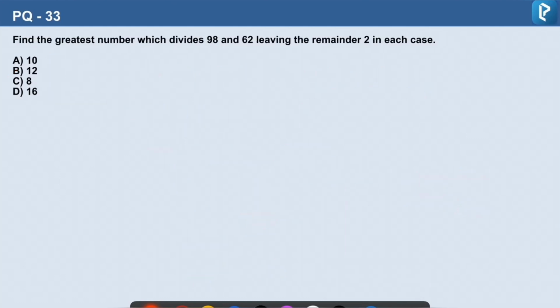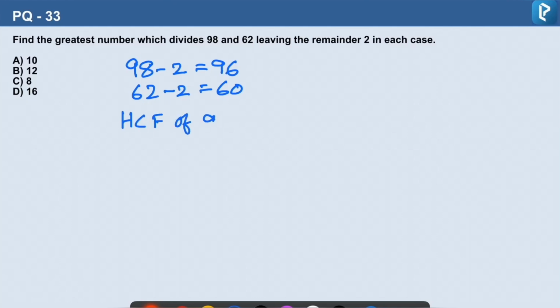Question number 33. Find the greatest number which divides 98 and 62, leaving the remainder 2 in each case. Same case: we have to subtract the remainder first. 98 minus 2 is 96, 62 minus 2 is 60. After subtracting the remainder, we have to find the HCF of 96 and 60.